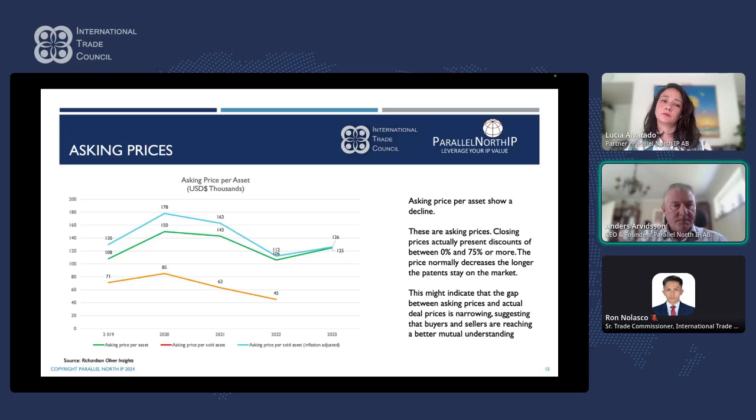And this slide presents the asking prices, and it should be reviewed a little bit carefully because you have asking prices per asset, and you also have the asking prices per sold asset. You can see that there is a huge gap between those two.